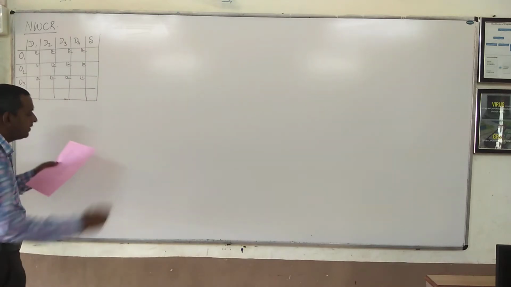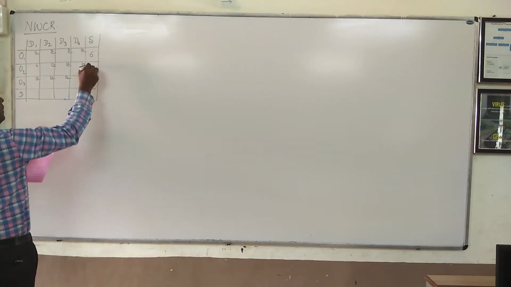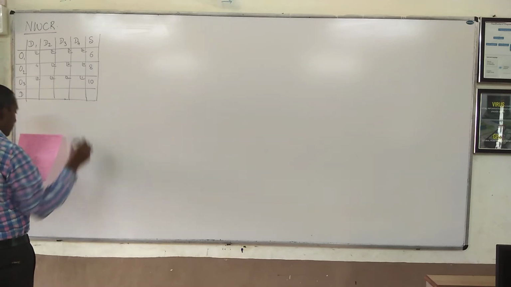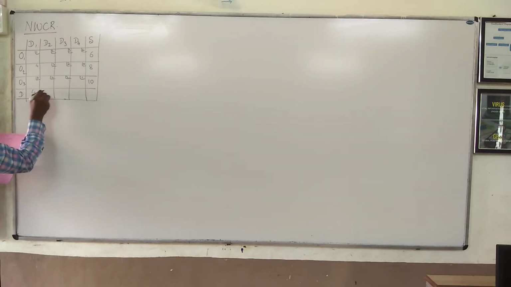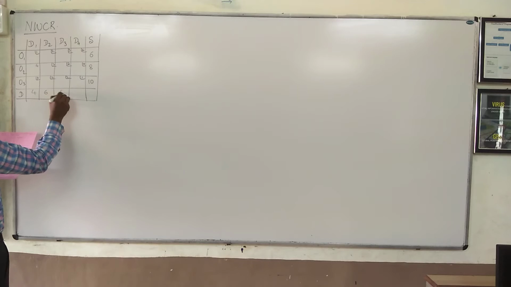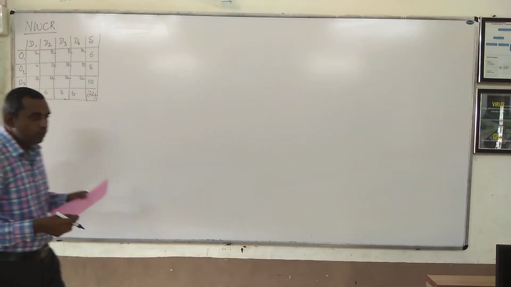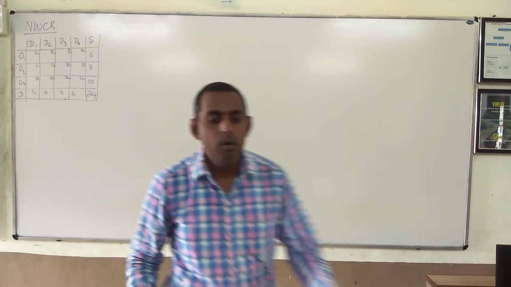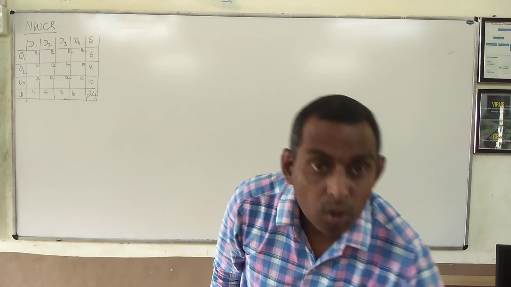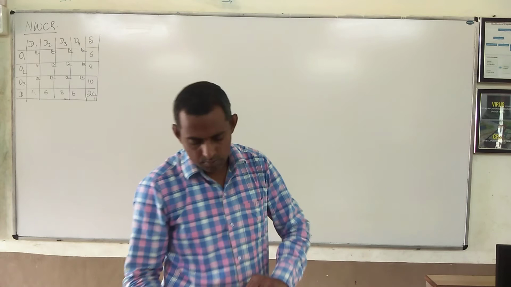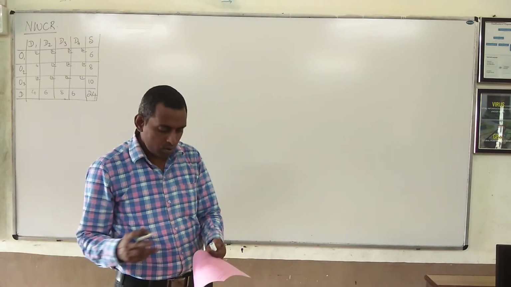Let me write the supplies: 6, 8, 10, then the demands 4, 6, 8, 6. Total is 24 here. So we will solve this by the northwest corner rule.